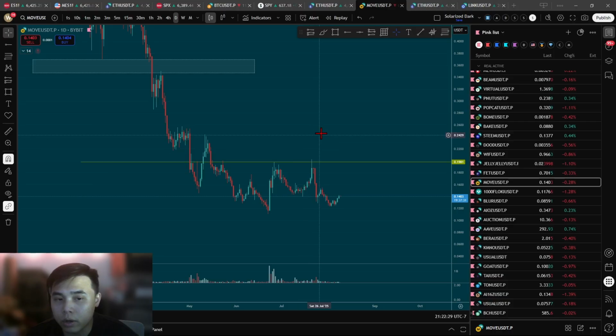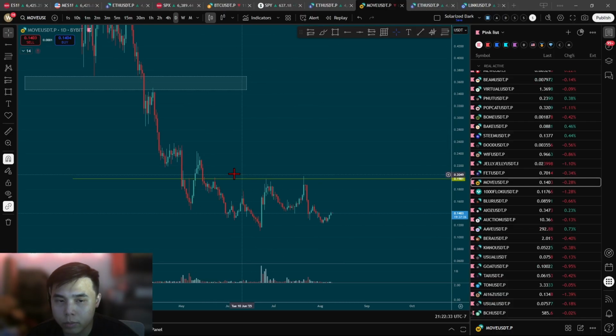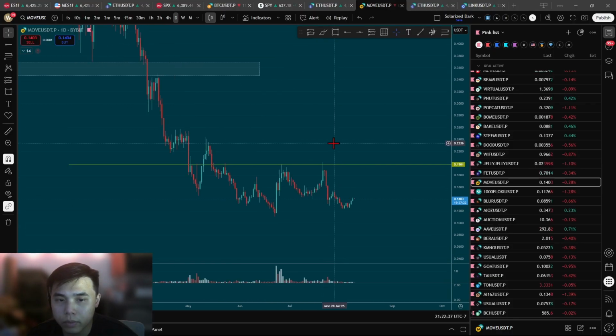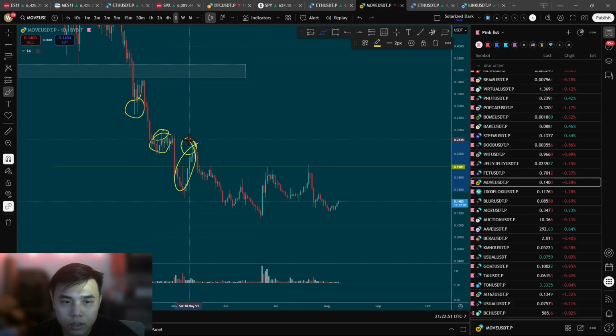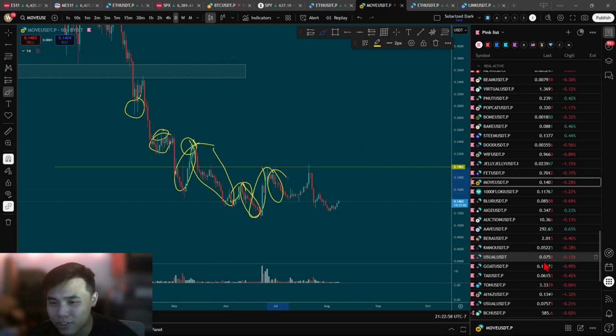These levels don't work as well on low liquidity, and the move is very manipulated, so it's just not worth trading. You can even see how low the liquidity is by just looking at the wicks, right? Every single green candle has wicks. There are clusters of green that are followed by clusters of red, right? So I wouldn't trade this.